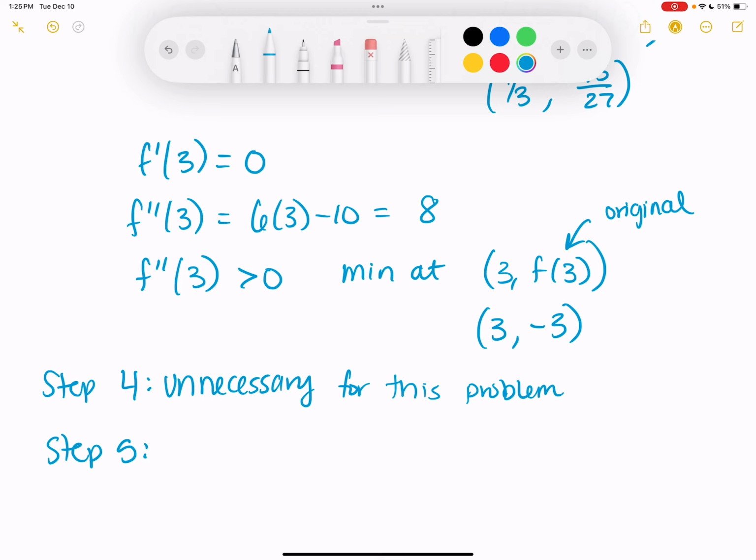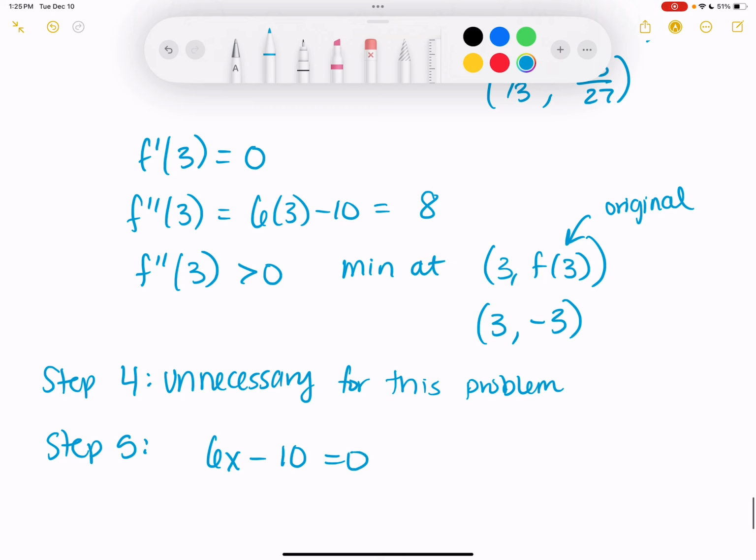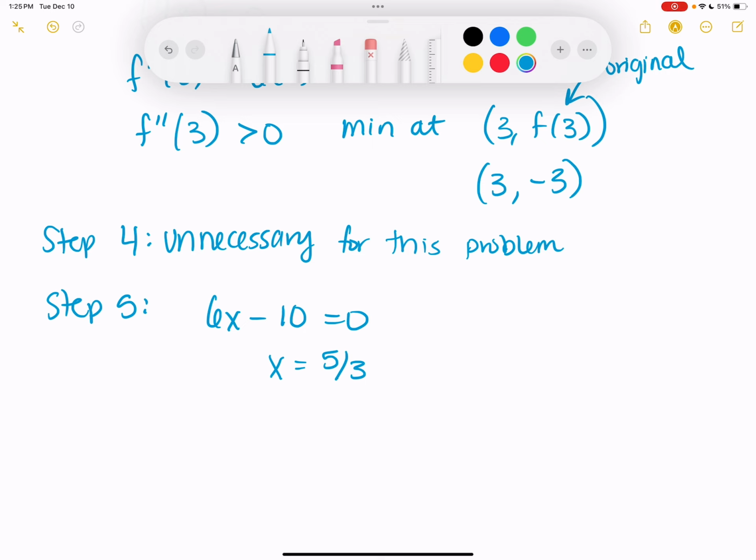So step 5 is find all the points where f double prime is equal to 0. They're possible points of inflection. So we say 6x minus 10 equals 0. So x equals 5 over 3. So what I do is I look at a value. If I plug in 0 into f double prime, I get negative 10.